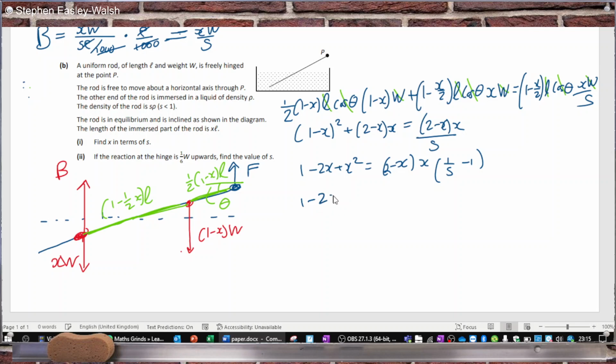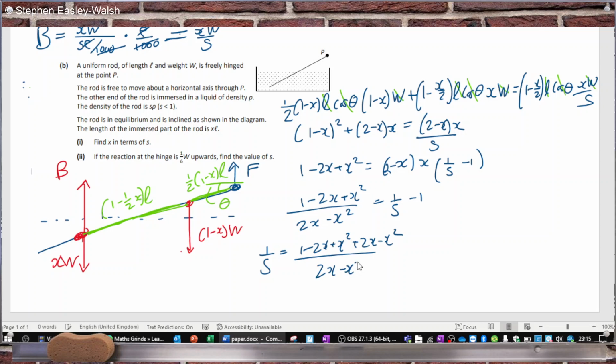So that would be 1 minus 2x plus x squared over 2x minus x squared equals 1 over S minus 1. So that means 1 over S would equal 1 minus 2x plus x squared plus 2x minus x squared over 2x minus x squared. The x squareds cancel and the 2x's cancel. So that's 1 over 2x minus x squared. So S equals 2x minus x squared.